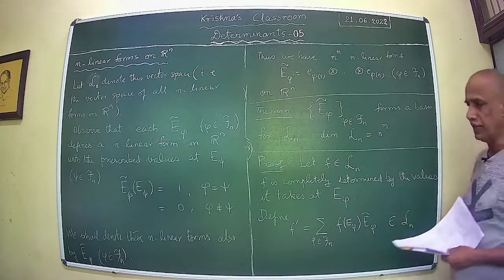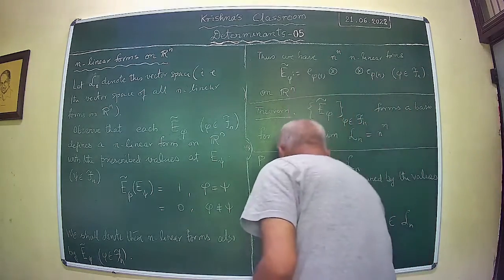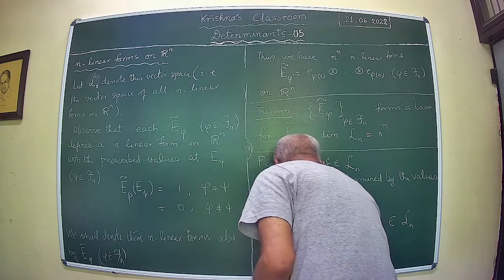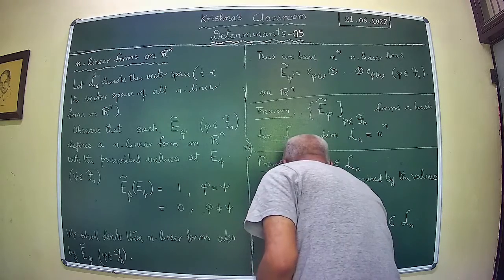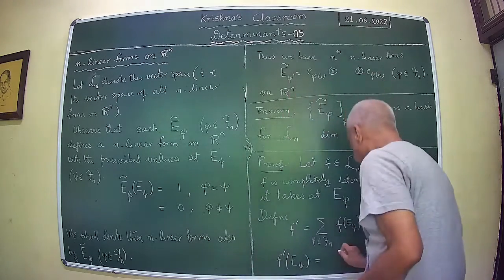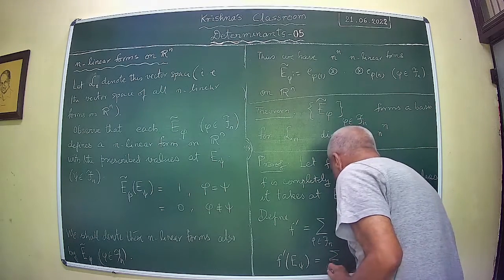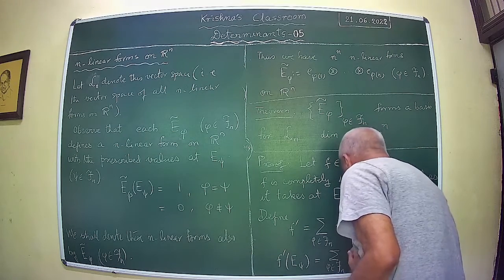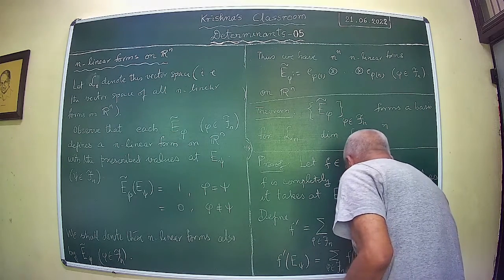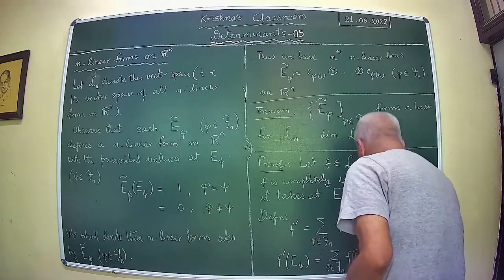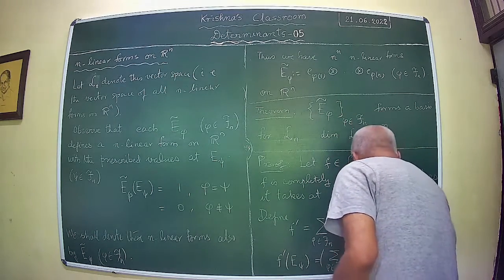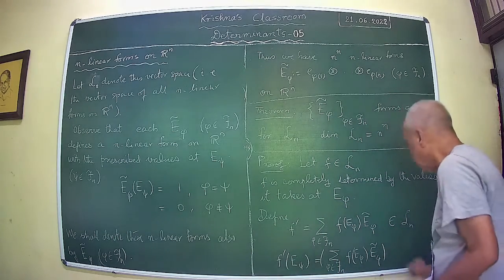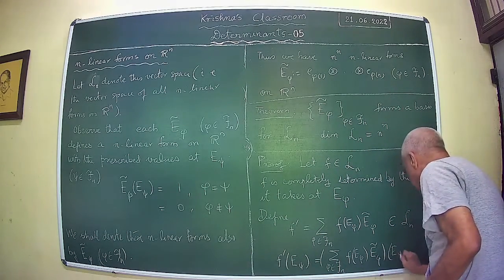Now we will prove that f prime at E psi equal to sigma phi belonging to Fn f E phi acting over E psi.